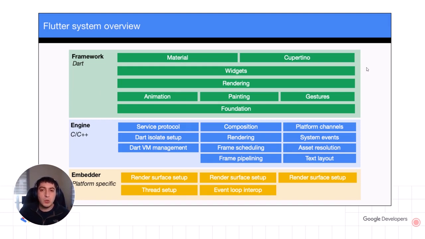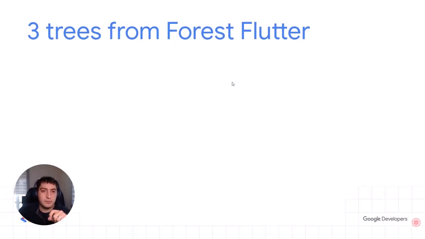But today we will talk about a bit more deeper. In general, we are hanging around Material and Cupertino, maybe sometimes widgets, but today you will learn about the rendering part. So, three trees that we are going to be focusing on today. In Flutter, the architecture decision was made in a way that you use strong tree structures.